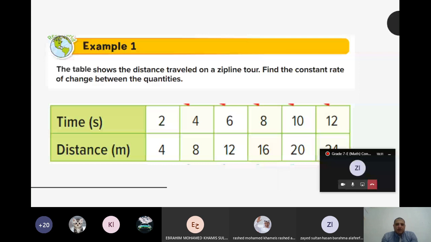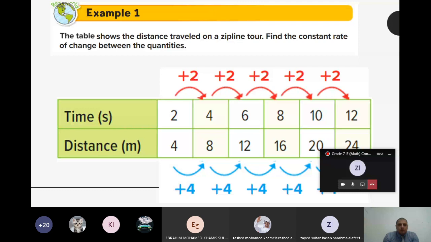The time increases by 2 seconds every time, and the corresponding distance increases by 4. The difference between any two consecutive values is 4.